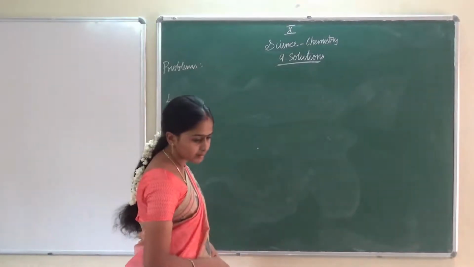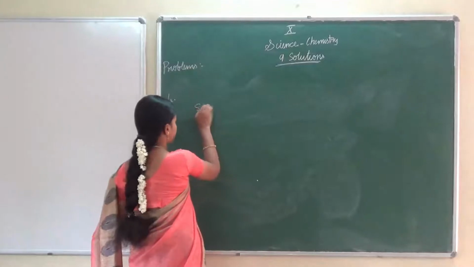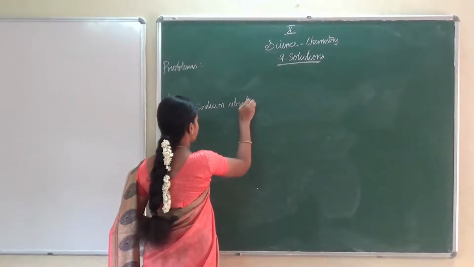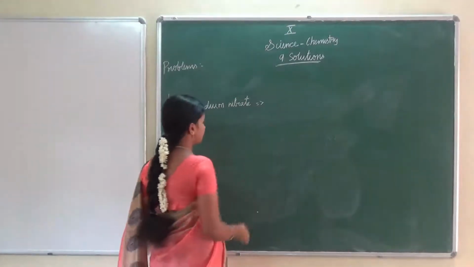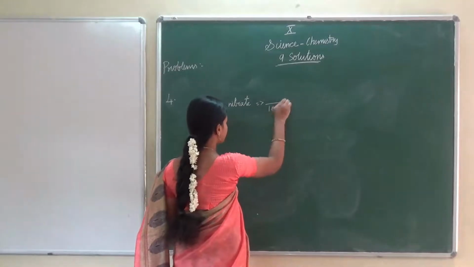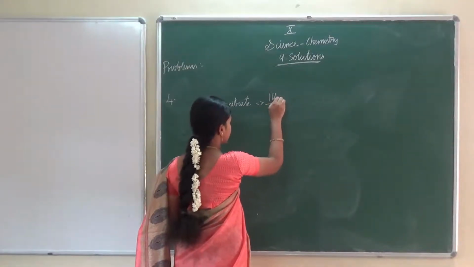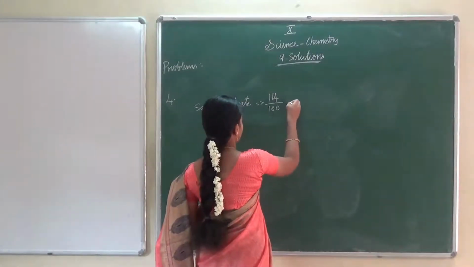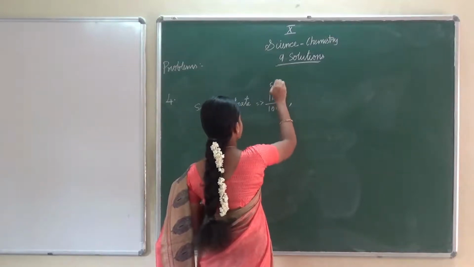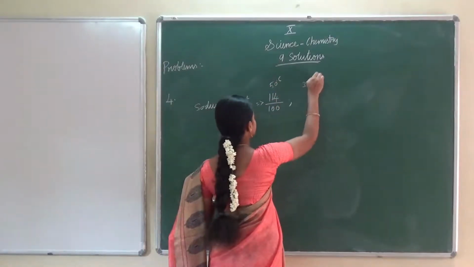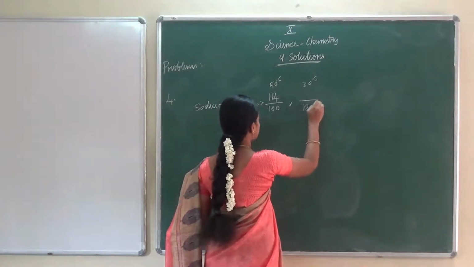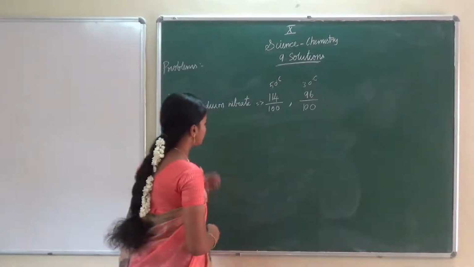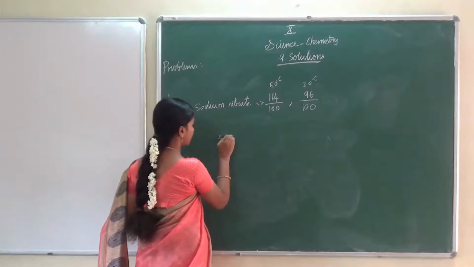Here it is the solubility of sodium nitrate. Sodium nitrate, to form a saturated solution in 100 gram of water at 50 degrees Celsius, requires 114 gram of sodium nitrate, and at 30 degrees Celsius, to form a saturated solution in 100 gram of water, it requires 96 gram. Now they are asking us to find for 50 gram of water.